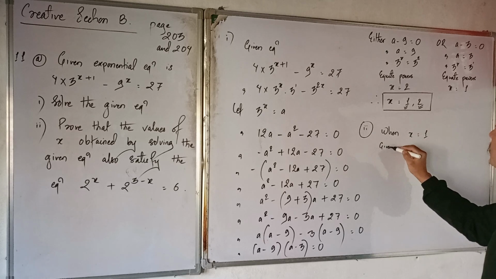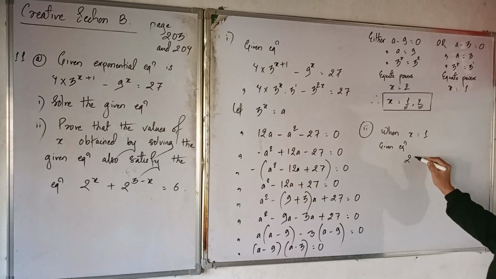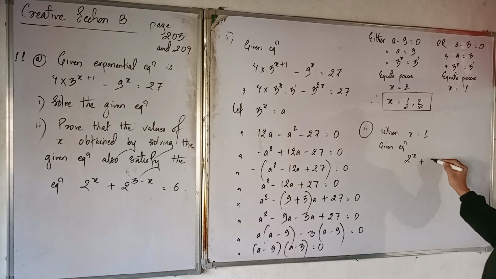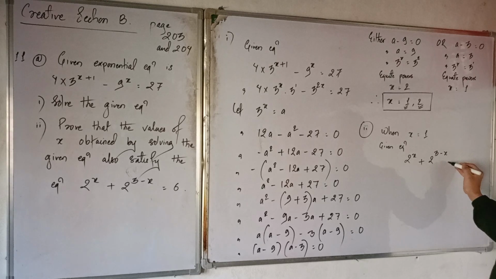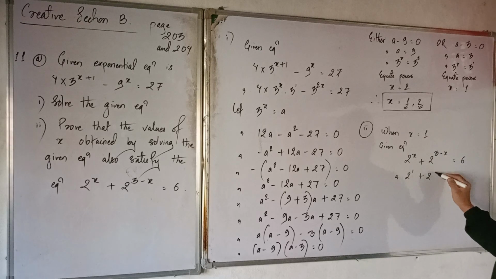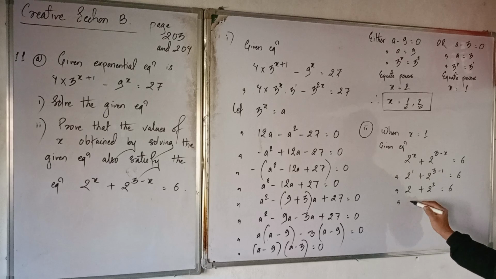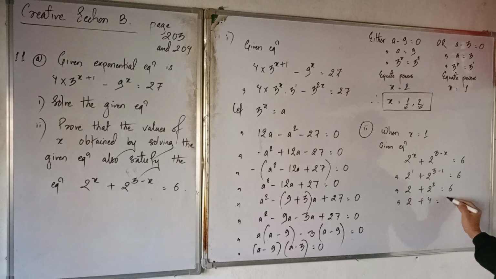The given equation is 2 power x plus 2 power 3 minus x is equals to 6. Now just substitute the value of x by 1. 2 power 1 plus 2 power 3 minus 1 is equals to 6. 2 power 1 means 2. 2 power 3 minus 1, that is 2 squared, 4. Now 2 plus 4, which is 6, is equals to 6. Yes, satisfied.